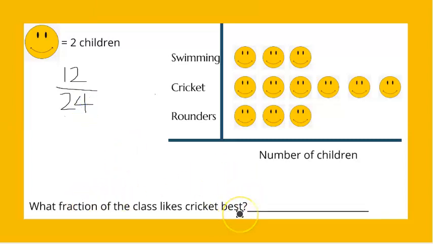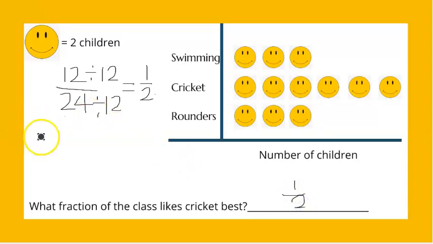I'll just divide here by 12, because 12 can go into 24 also. Divide here by 12 and here also by 12. 12 divided by 12 is 1. 24 divided by 12 will give me 2.